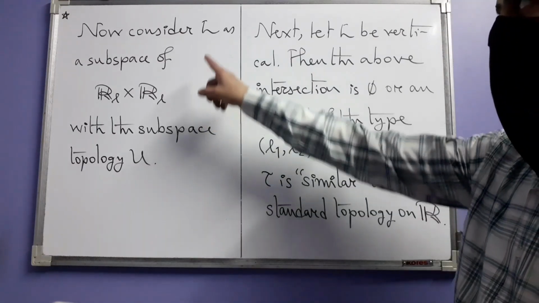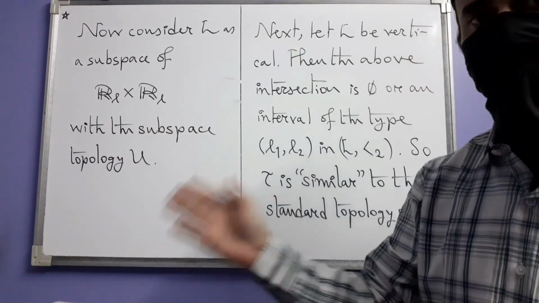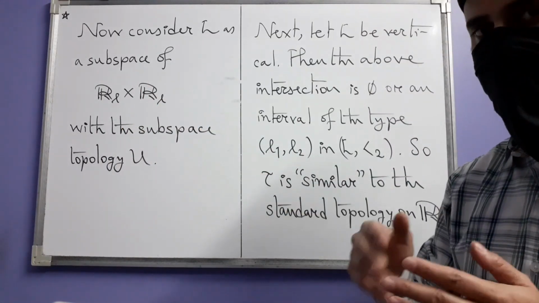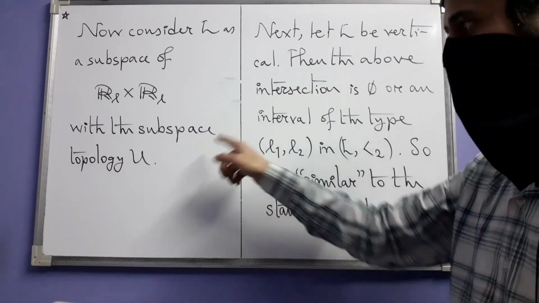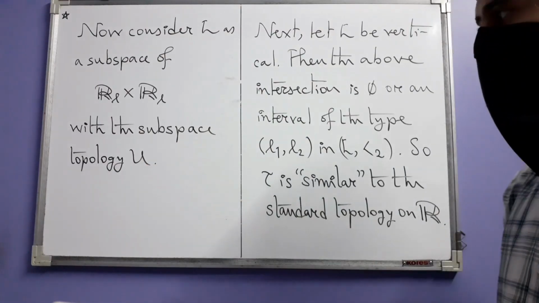That means this time we are considering L as a subspace of this other product space, R_L times R_L, where both the factor spaces are real lines with the lower limit topology, with the subspace topology, which this time we name U, say.